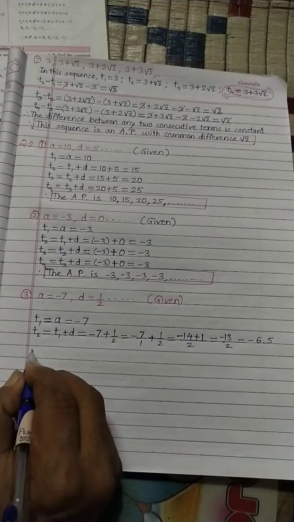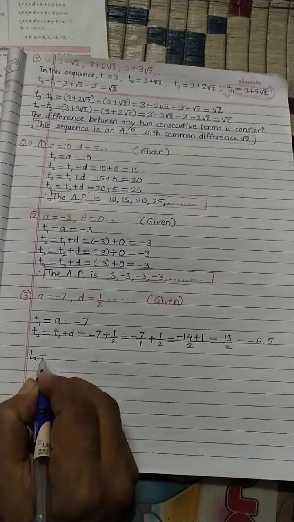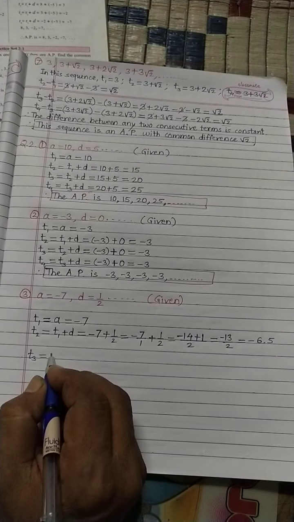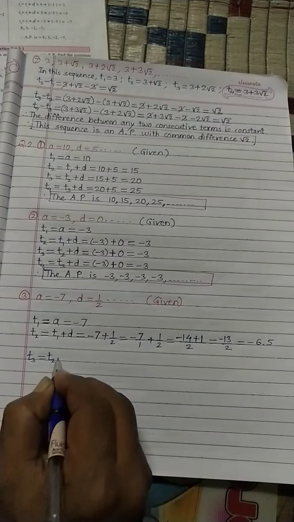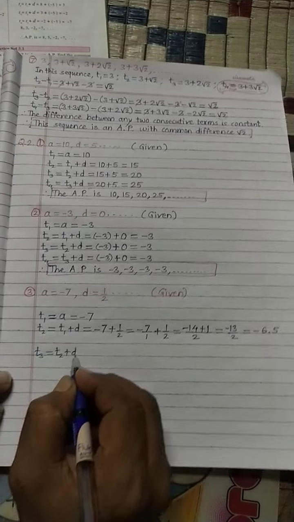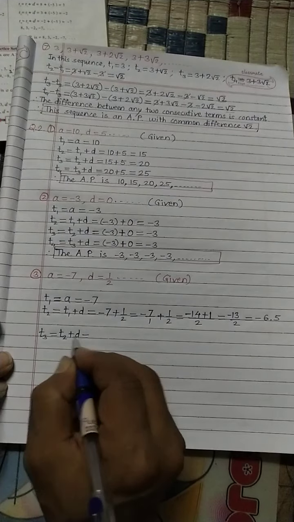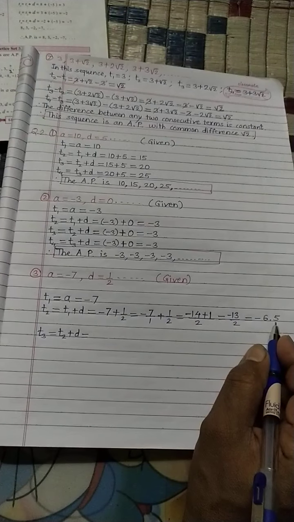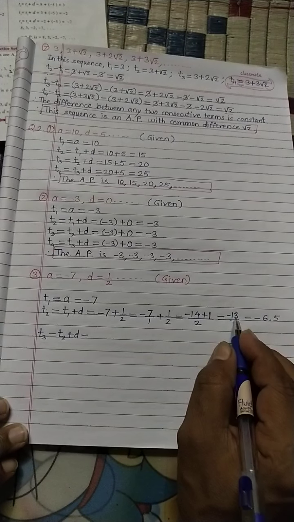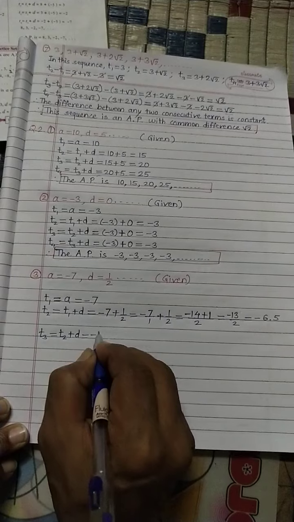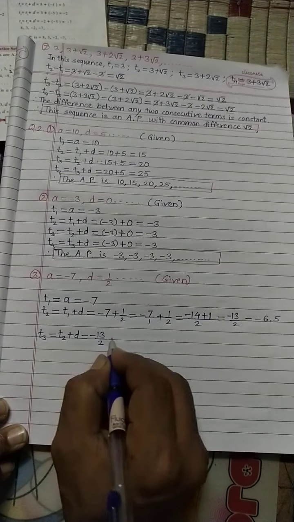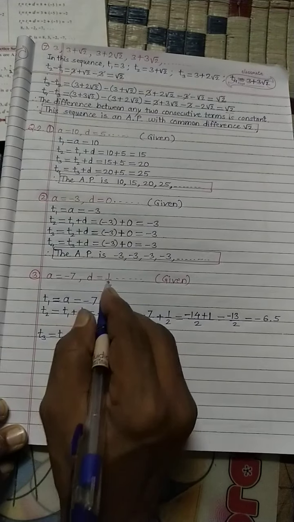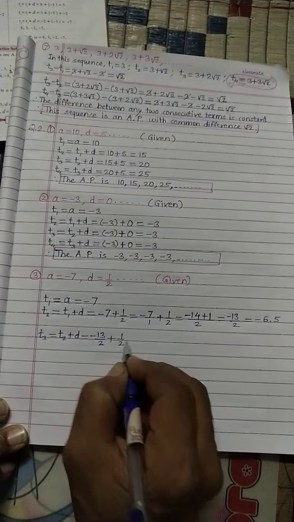Now T3 is equal to T2 plus D. T2 is here minus 6.5 or minus 13 upon 2, plus D means 1 upon 2.